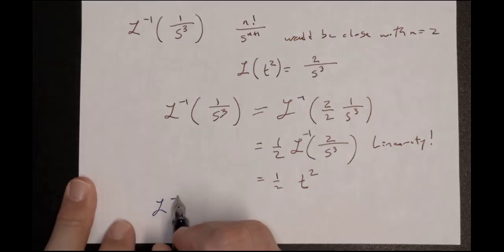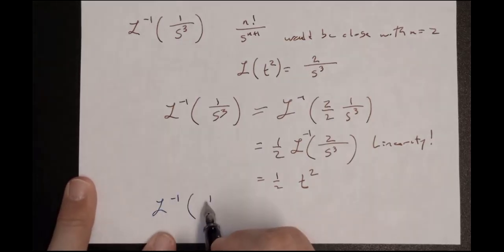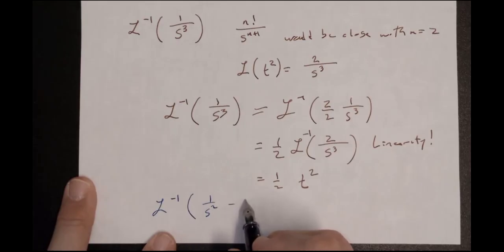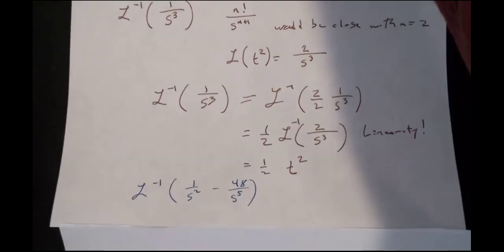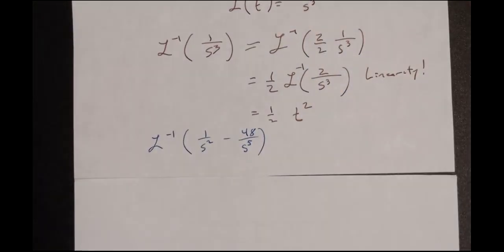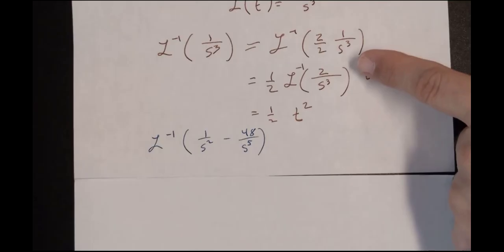Here, let's try the inverse transform of 1 over s squared minus 48 over s to the 5th. If it was just s on the bottom, give me 1. If it's s to any other power, I need to try and match it to that power of t idea, like we did here.